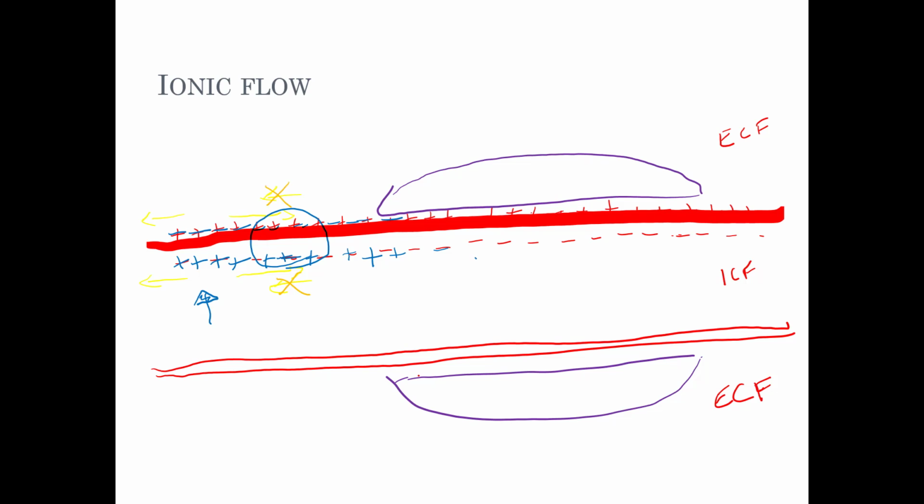And what happens, of course, is that underneath this myelin sheath there are no voltage-gated channels. There are voltage-gated channels just before. So I'm going to put another myelin sheath here that kind of extends here. So there will be voltage-gated channels in this area here.